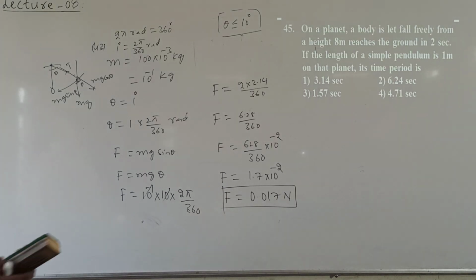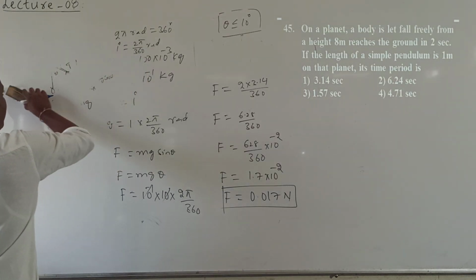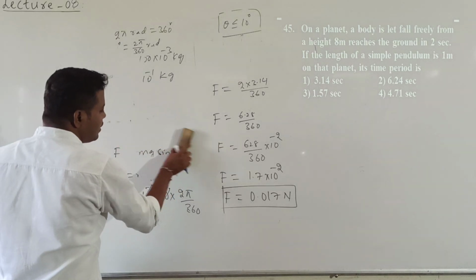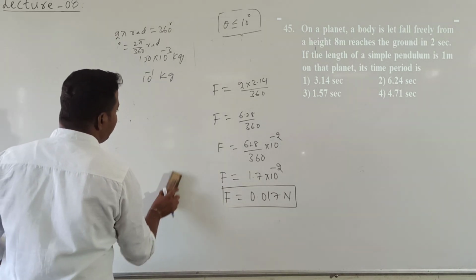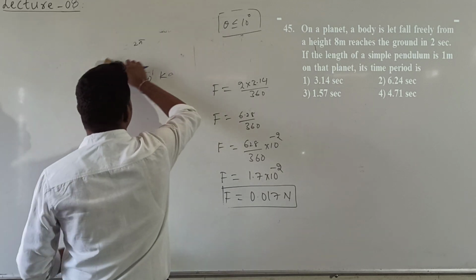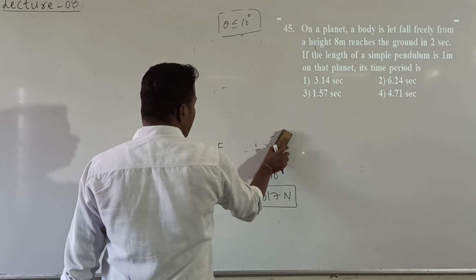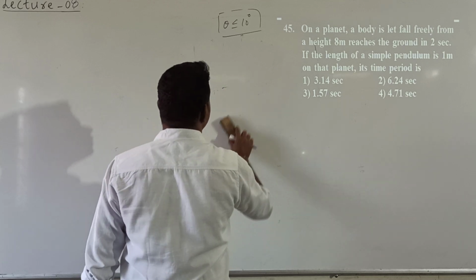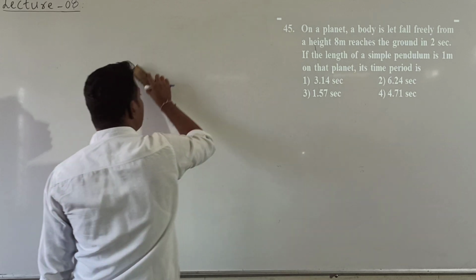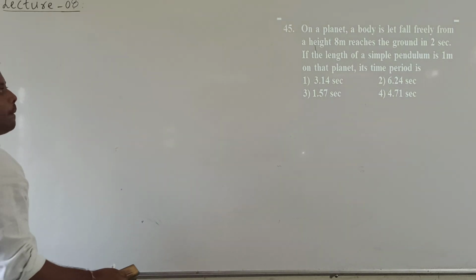Next, question number 45. Because these are simple questions, we are going a bit faster. Once the concept is understood, doing the problems is very, very easy. So what is this question number 45?